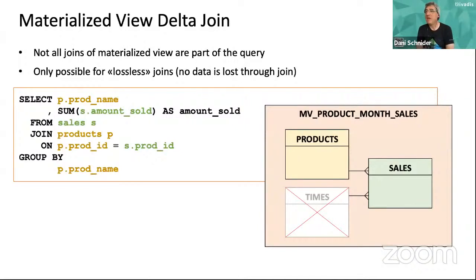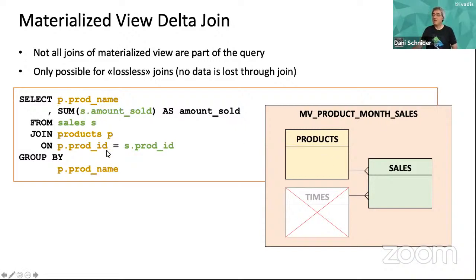That's not only for average, also other functions, but in these examples, I show it like this. Then the third feature of advanced query rewrite is called a delta join, a materialized view delta join. If I select only two of the three tables, in some situations, not in all of them, but in this situation here, for example, I'm not interested in the calendar dimension or in the times table. I just want to read the amount sold per product name.